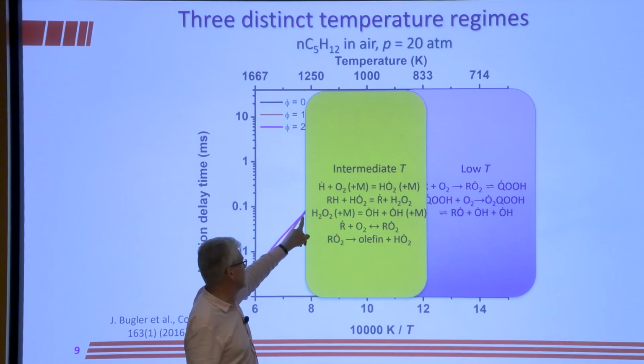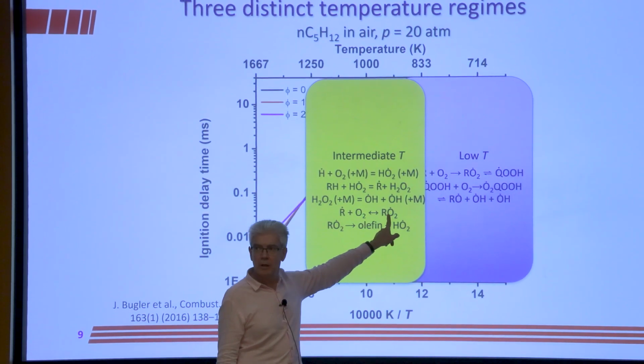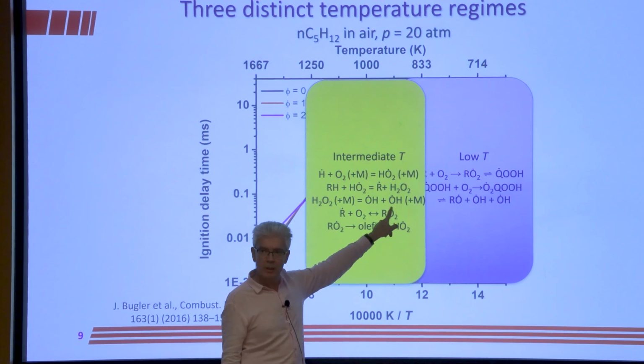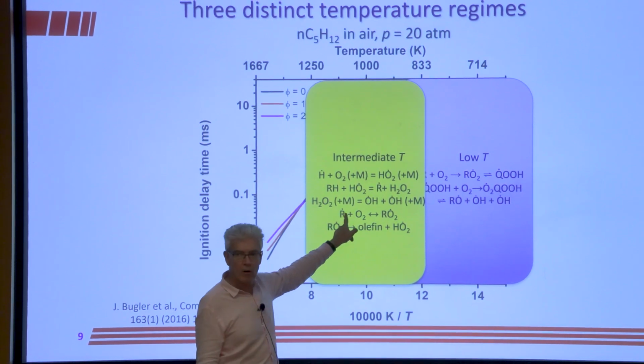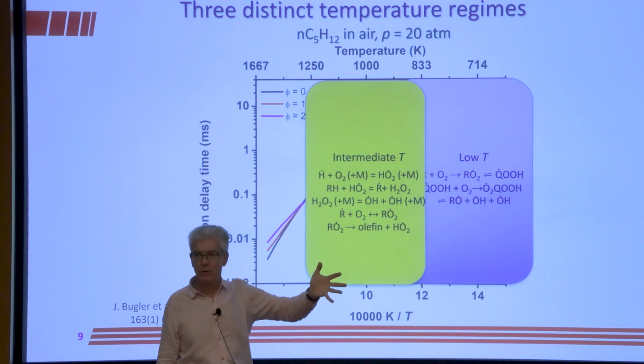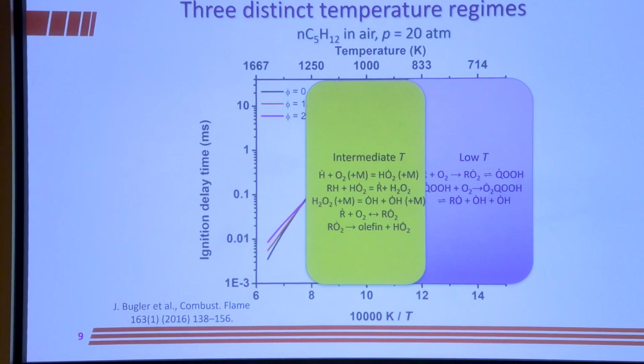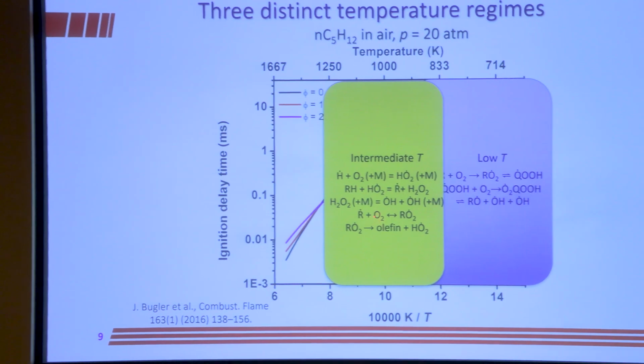But once you get to 1250 Kelvin, R plus O2 no longer goes to RO2; it now stays at R plus O2. And so now your alkyl radicals only decompose to give you a smaller olefin and either methyl or H atom, like the fuel radicals did.